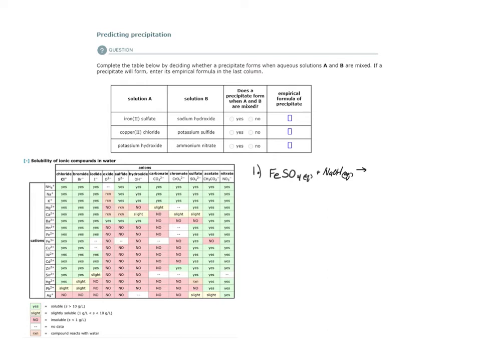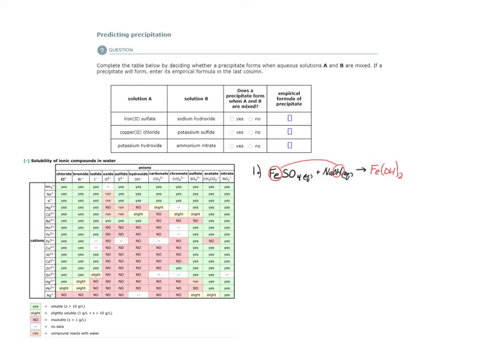The idea is if I take the cation from my first substance and swap it with the anion on my other substance, I get one of my products. So we would make iron 2 hydroxide.